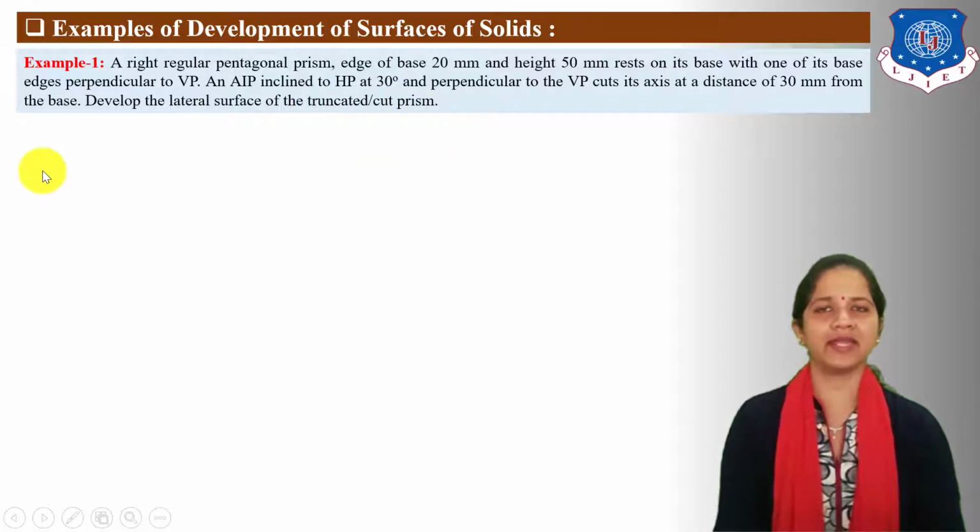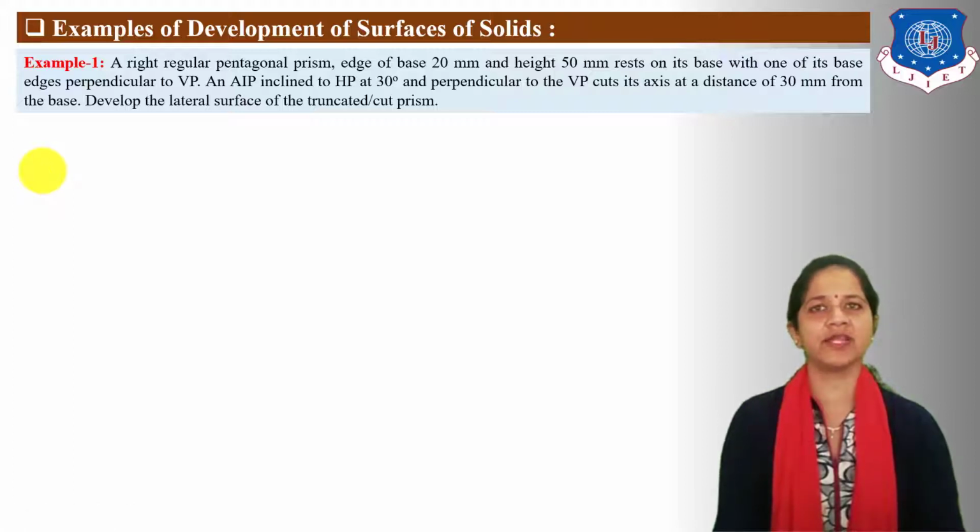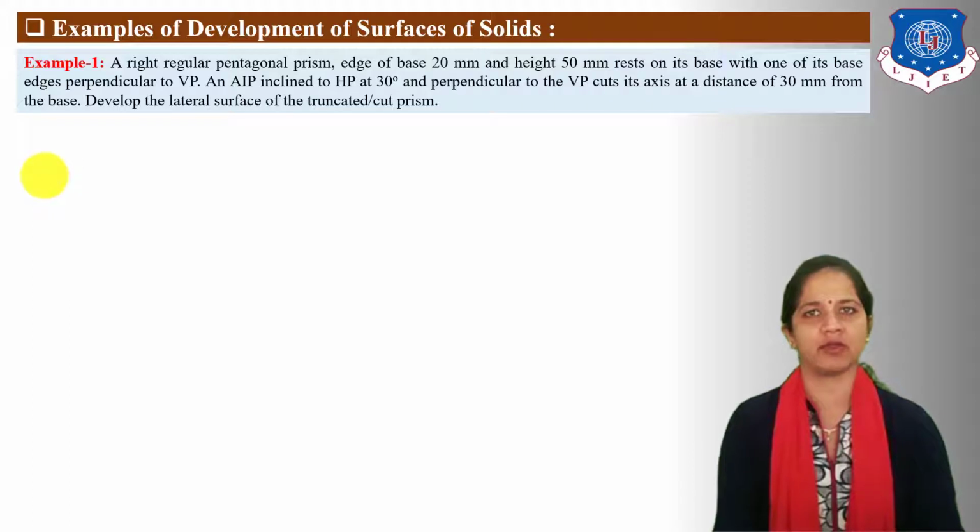Now, in any numerical of development of surfaces of solids, first we need to draw projection of the solid as per the given resting or standing position. Then we need to draw its development. Then locate the cutting line, then locate cutting points and transfer the cutting points in the development.